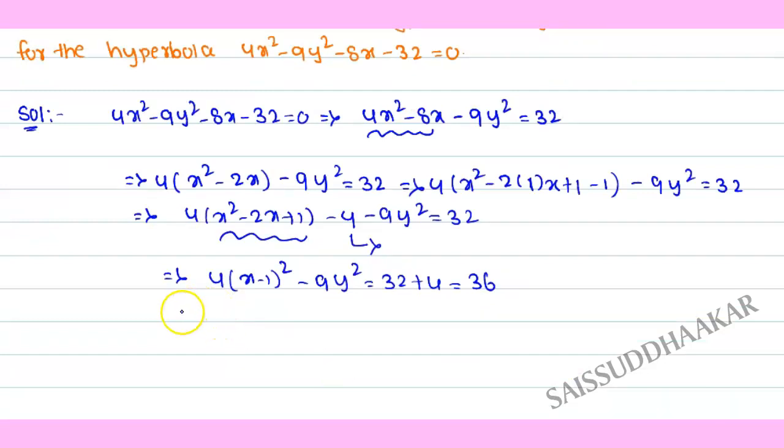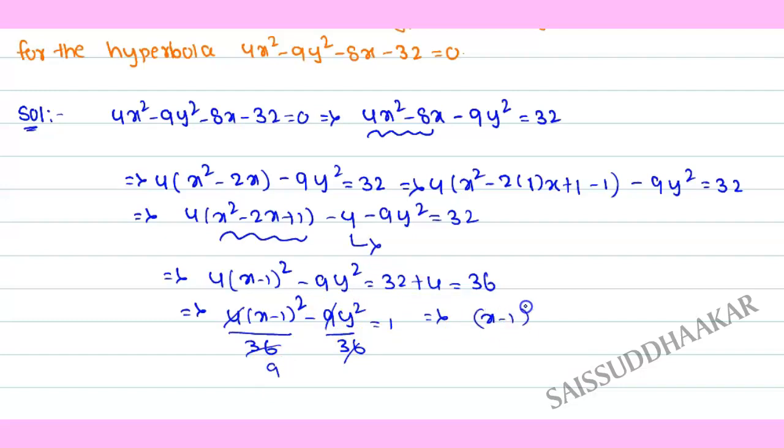Entire equation divided by 36. 4 times of x minus 1 whole square minus 9y square. So here we are dividing the entire equation, 36 by 36 is equal to 1. Here we can cancel: 4 1s are 4, 9 1s are 9, 4 9s are 36. This implies x minus 1 whole square by 9 minus y square by 4 is equal to 1.